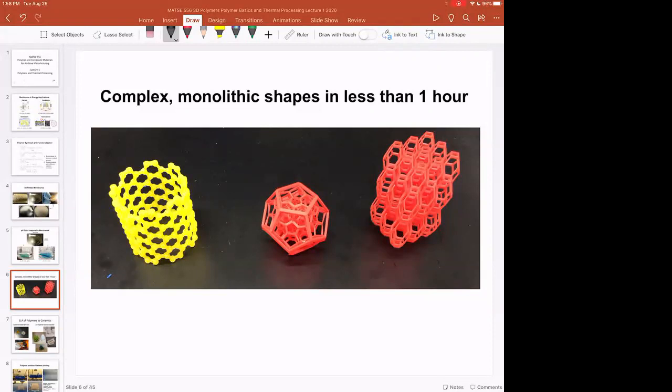Again, we'll talk about photopolymers and get more into it as we go. But you can imagine how difficult it would be to make these shapes by hand in the lab. I mean, how do you do this? You can't even mold or injection mold some of these shapes with all the internal features. And so additive manufacturing has really changed how shaping of polymers has been done, both in research and in production.